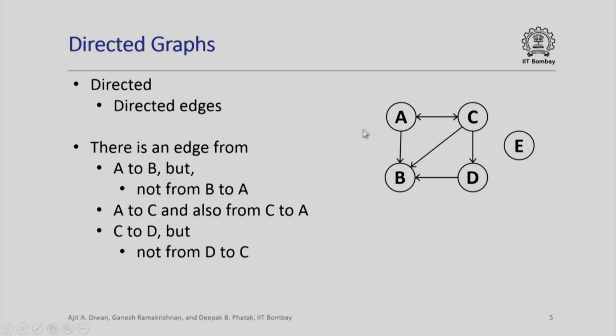For example, there is an edge from A to B, but there is no edge from B to A. So, this is a directed edge connecting A to B. On the other hand, this edge indicates a directed edge from A to C and a directed edge from C to A as well. There is similarly an edge from C to D, but there is no edge from D to C. These are called directed graphs.